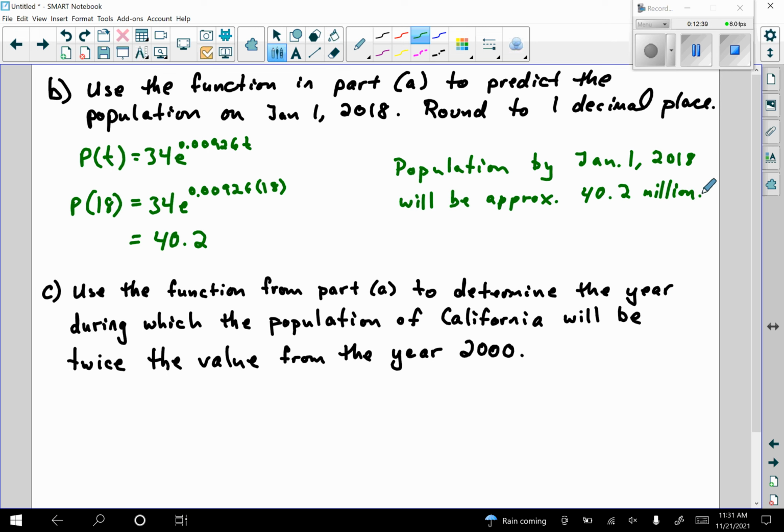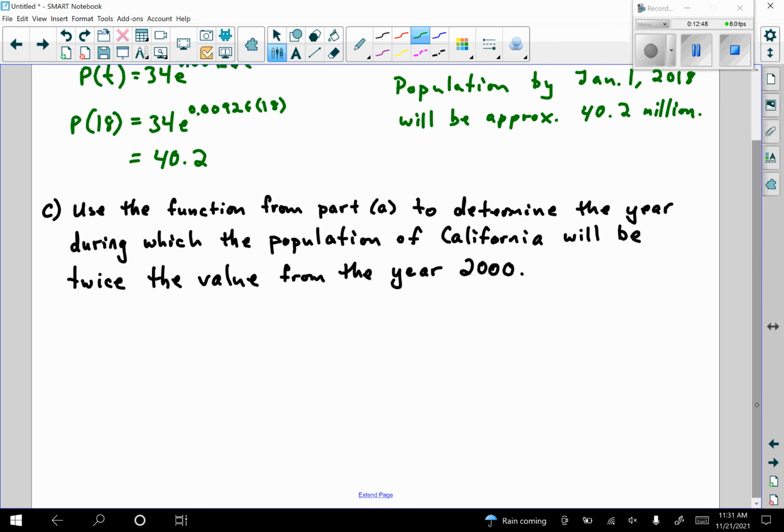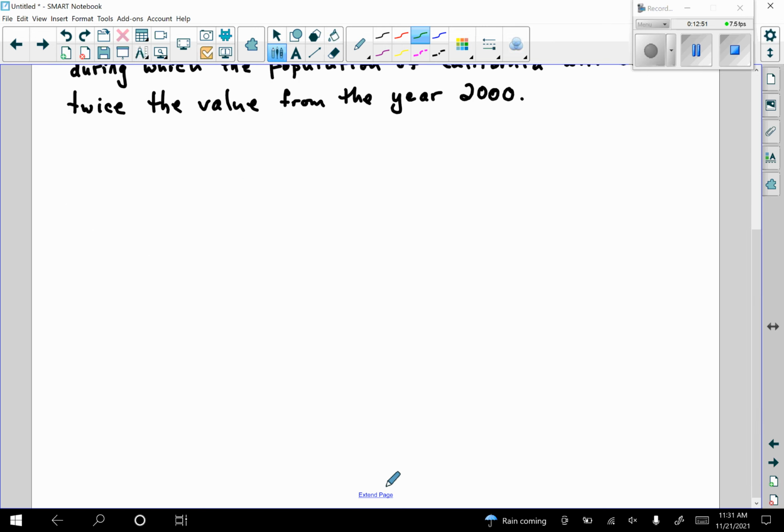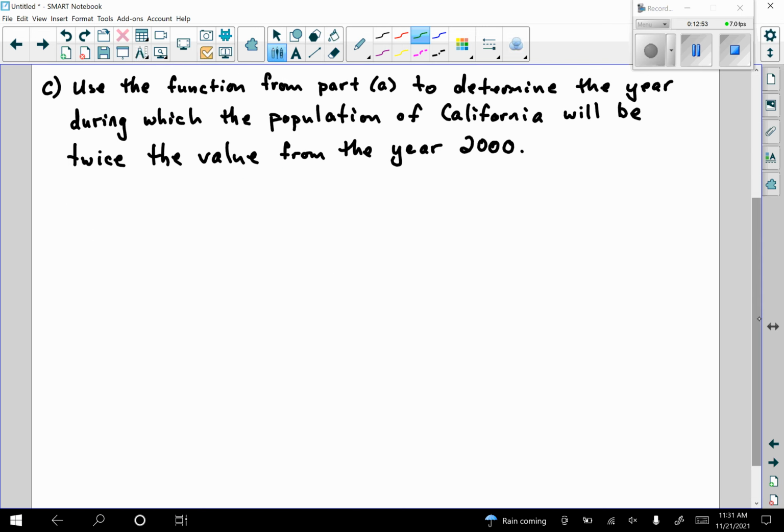Okay, now for part C, we're going to use the same function to determine the year during which the population of California will be twice the value from the year 2000. So in 2000 was 34 million, so we're going to go back.